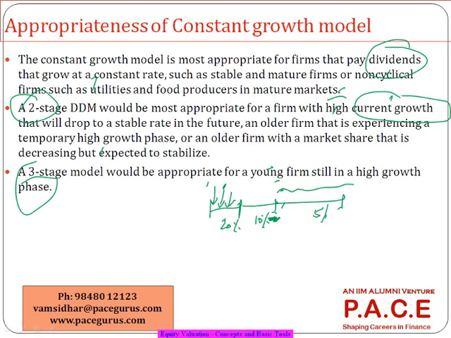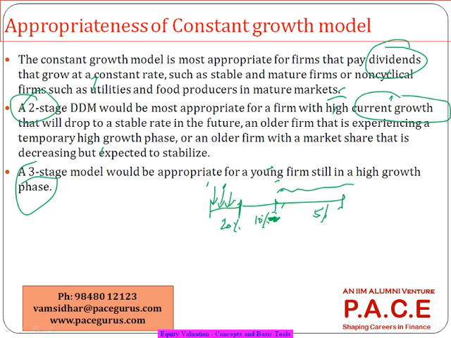But that cannot happen forever. Once the industry comes into a stable or maturity phase, the growth will streamline. We have seen the industry life cycle picture where initially the growth will be very high, after that stabilized out. So after a few years, the growth will not be that significant.